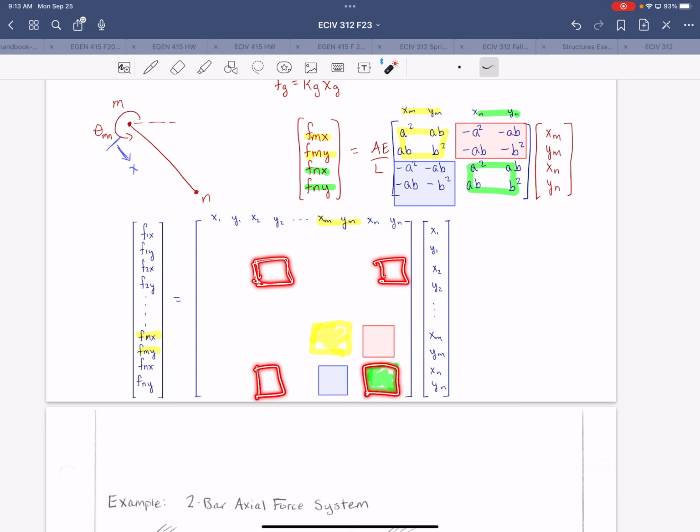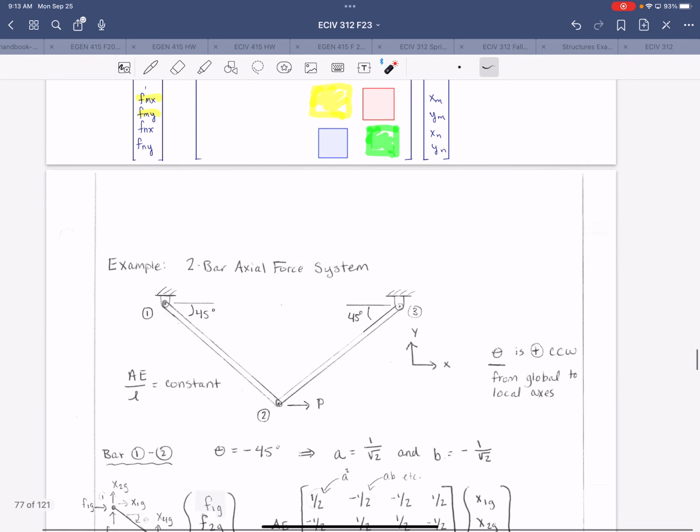Okay. So on the diagonals, the diagonal 2x2s, that's where you're going to have an overlap, right, or values added together from different elements. Any off-diagonal 2x2 will not have any overlap, so it'll just come from one element. We'll look at that too at the last example with more numbers and stuff, but just as a heads up. That's what that mapping will look like.